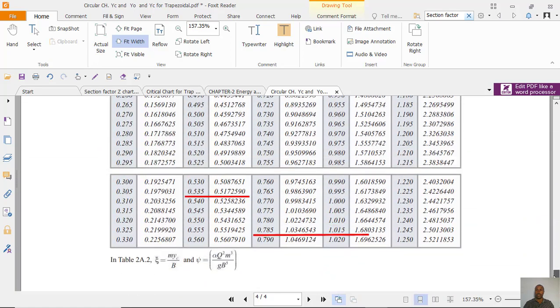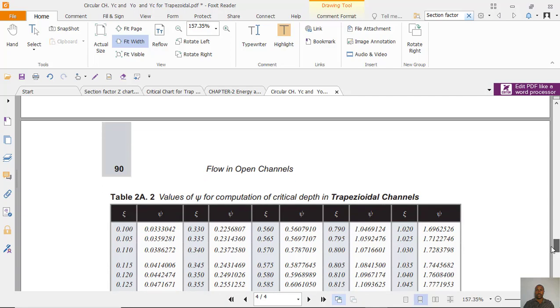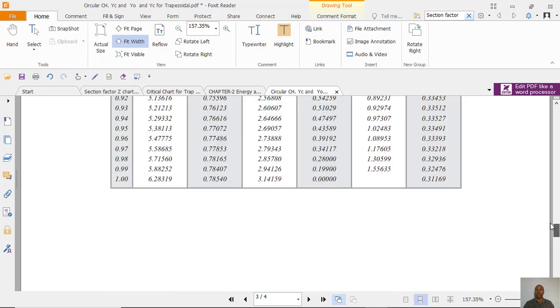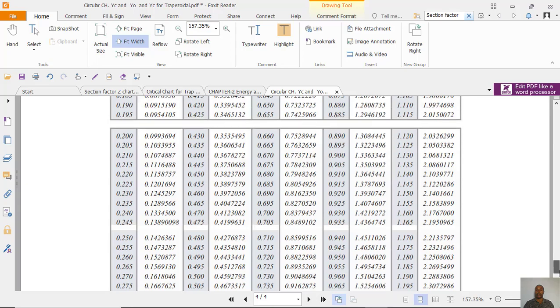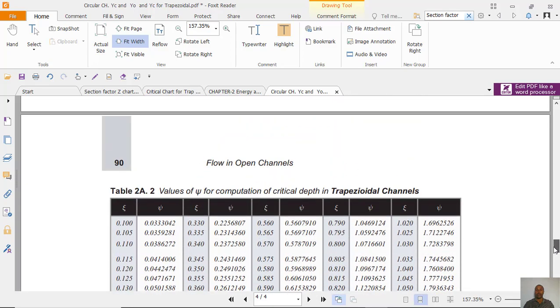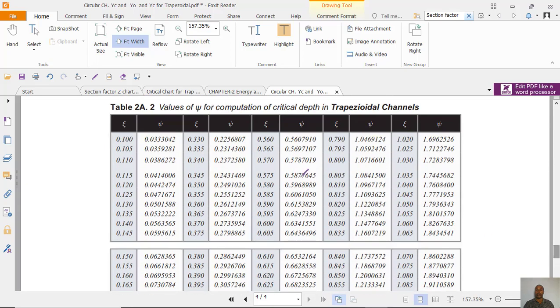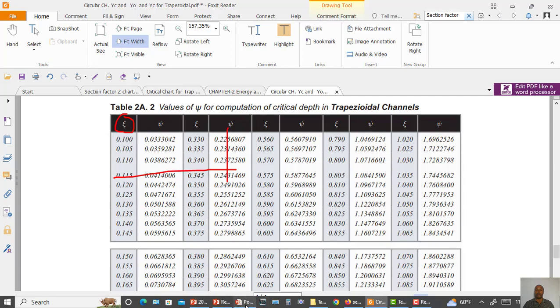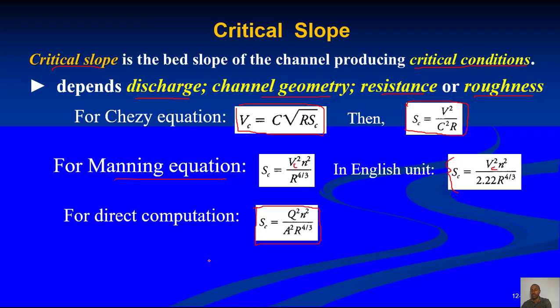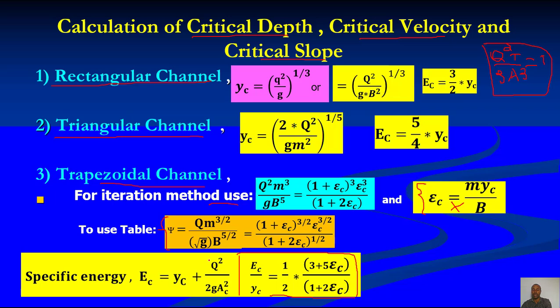For the trapezoidal section, you compute psi first. Then once you compute psi, from this column you can have eta c. For every psi, which is given in the previous PowerPoint, let me go back.